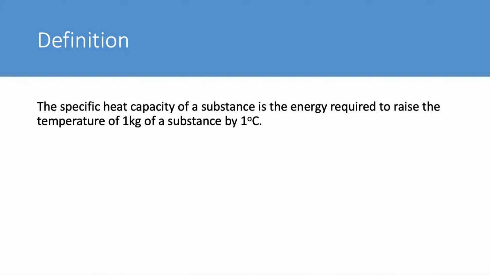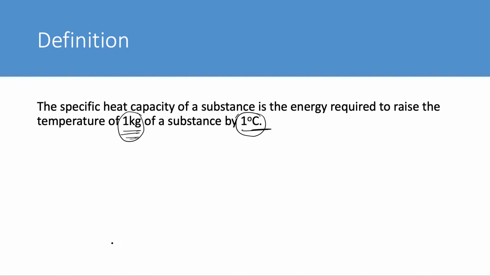So first of all, specific heat capacity of a substance is the energy required to raise the temperature of 1 kilogram of a substance by 1 degree Celsius. So the energy that is put in to raise the temperature of 1 kilogram, this is the amount, by 1 degree. So we want to increase this amount by 1 degree Celsius.